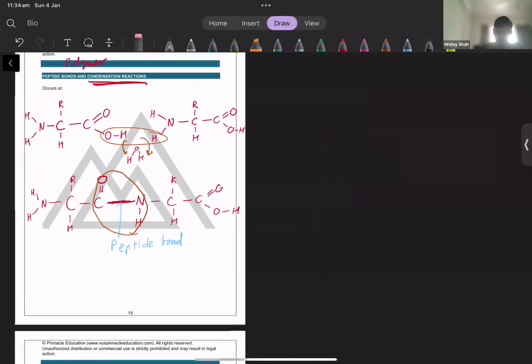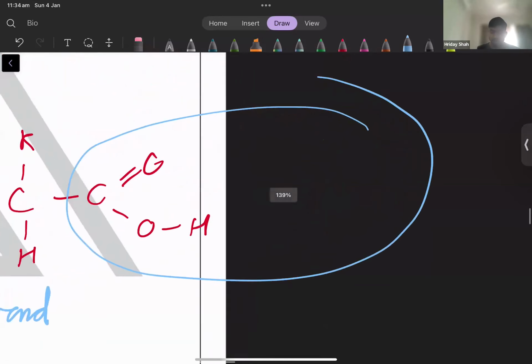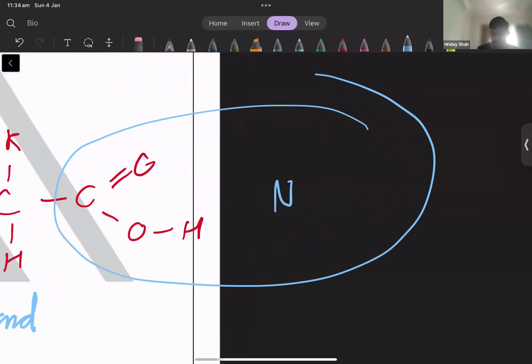Okay. Bonds. Now, if you want to continue the chain, so you want to add more amino acids, you can actually do this to either side. So you can add it to this side or to this side because they're both receptive. Obviously, if you're adding it to this side, it needs to be the amine group.